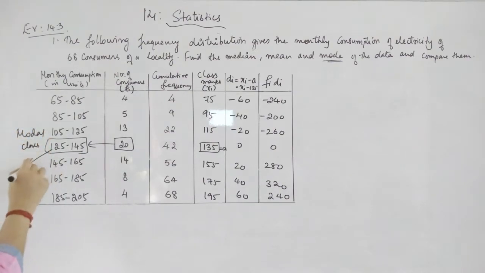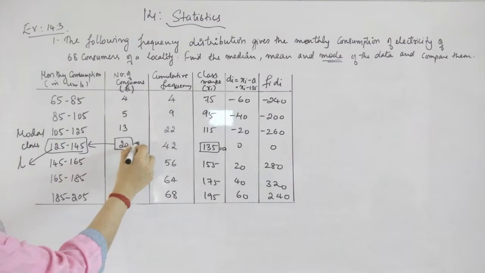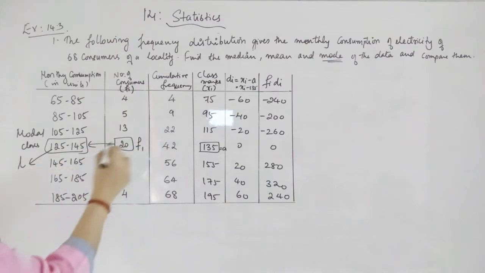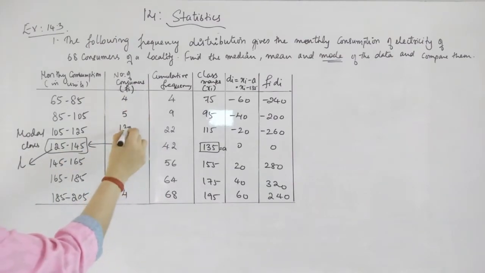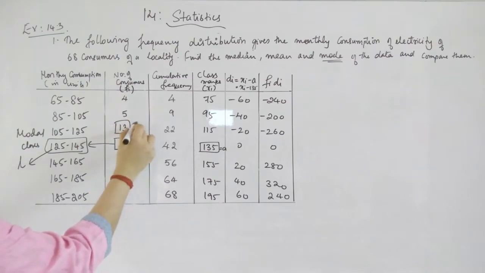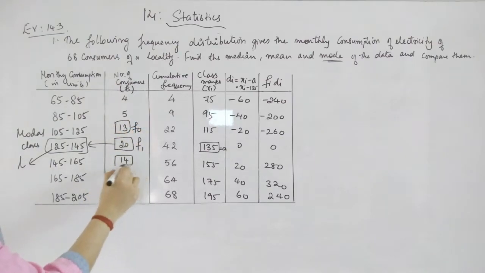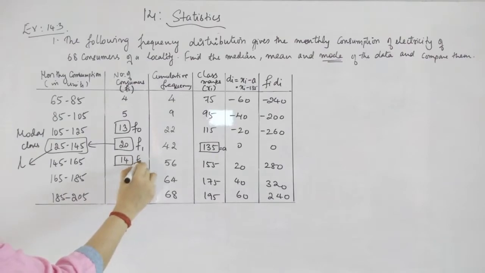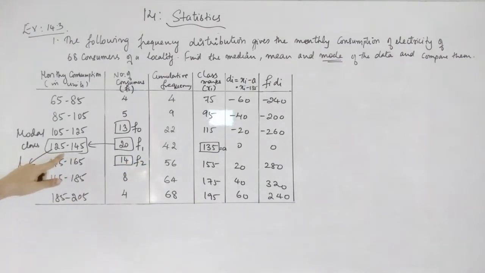From modal class you will get the lower limit, that is L. This will be acting as F1, the preceding class frequency will be acting as F0, the succeeding class frequency will be acting as F2, and you need H, which is the class interval size, that is 20.